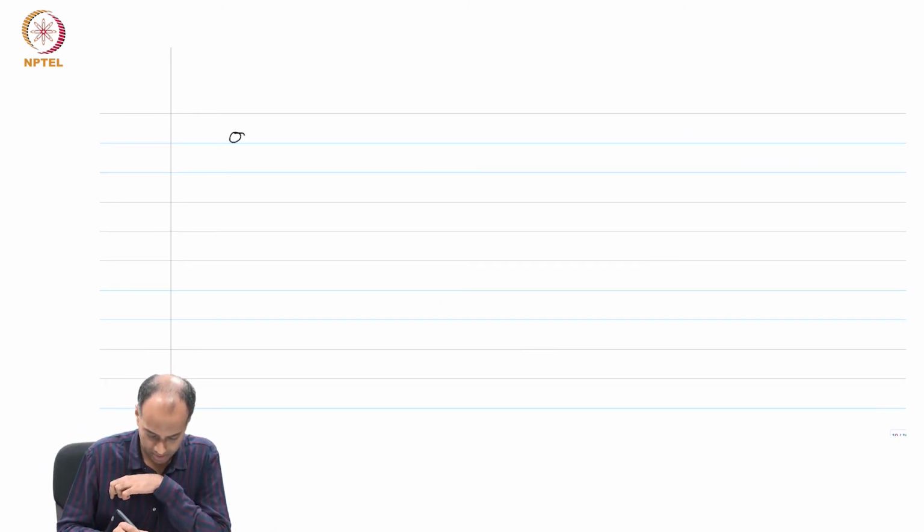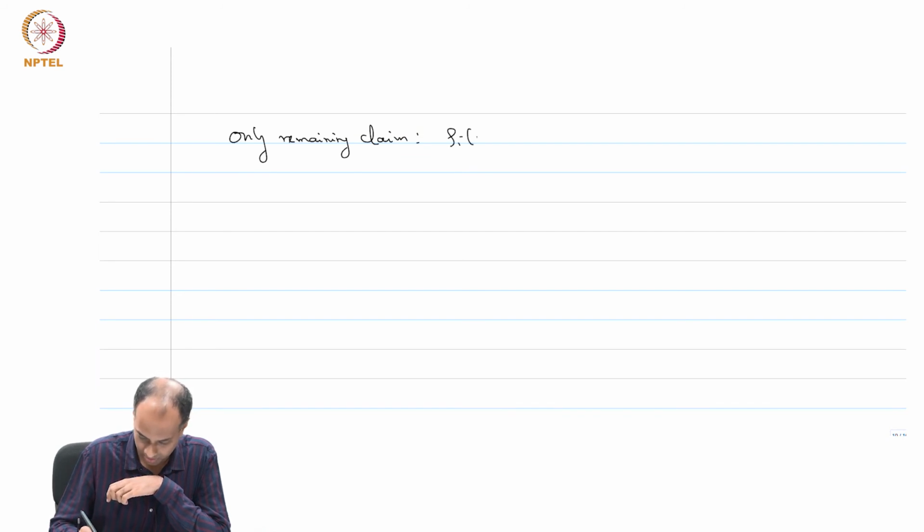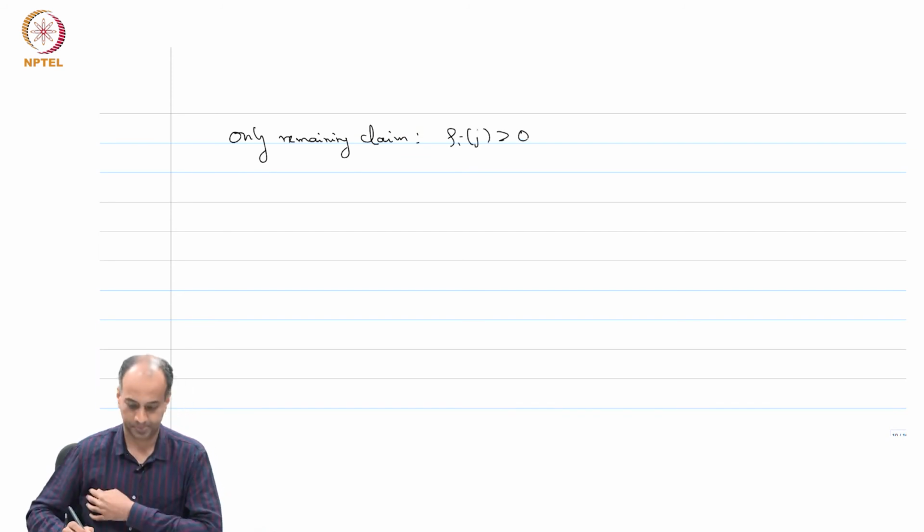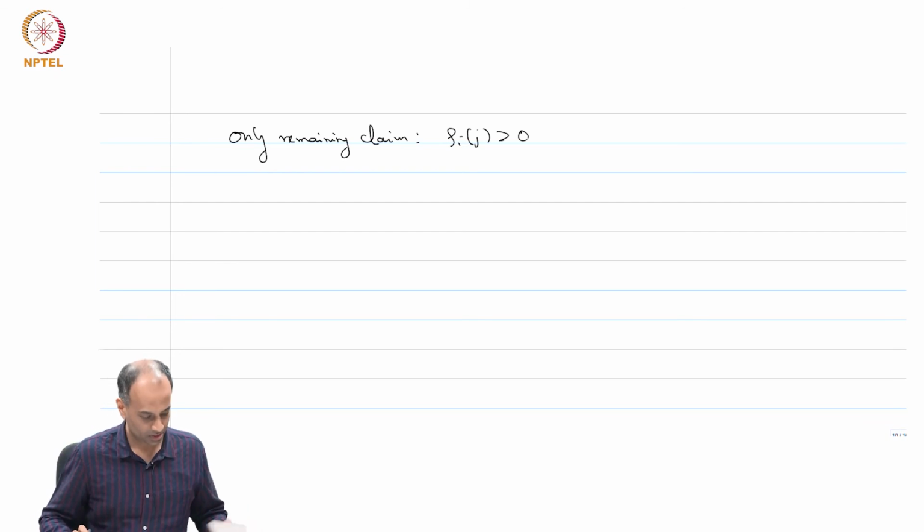So the only remaining claim is that ρ_i(j) is strictly positive. For that we argue as follows.